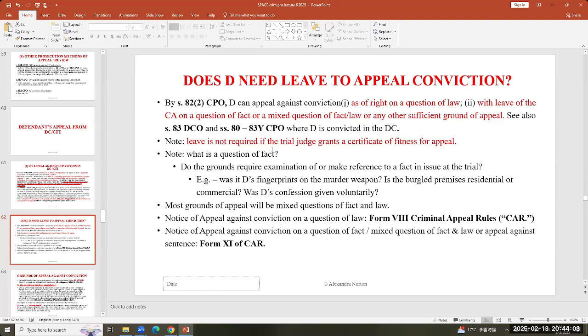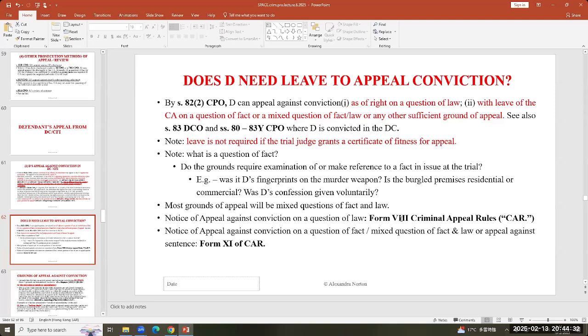But if the argument is, I didn't confess and the police say that they beat me up, that's also a question of fact. But if we go on to say, was the correct test applied? Should the confession have been inadmissible because it was involuntary, etc.? That's a question of law. So usually the grounds of appeal are mixed questions of fact and law, and therefore you need leave to appeal.